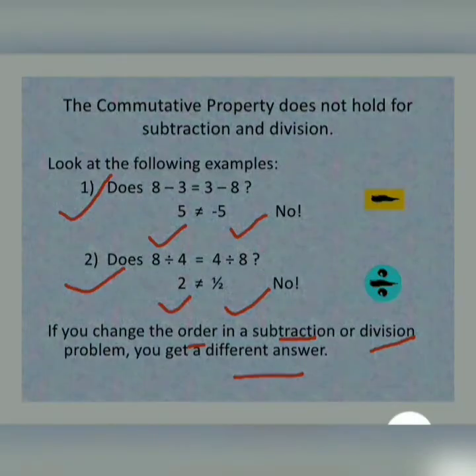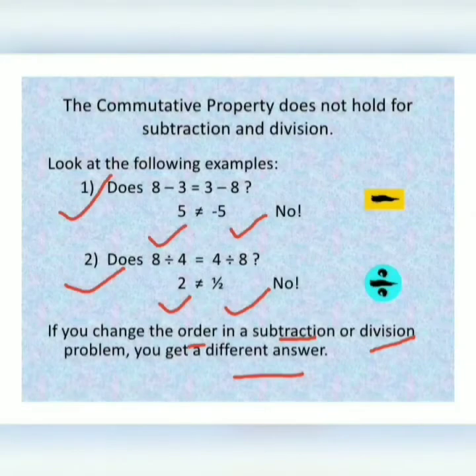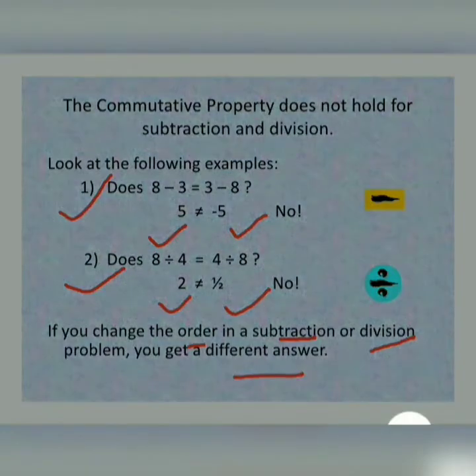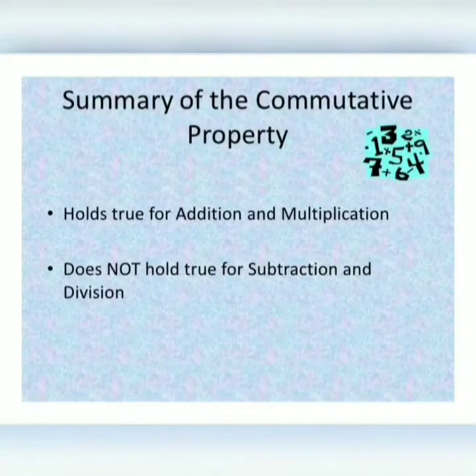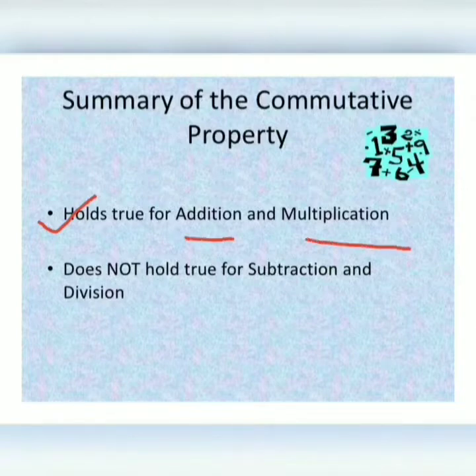So here is the summary of commutative property: it holds true for addition and multiplication, but it does not hold true for subtraction and division.